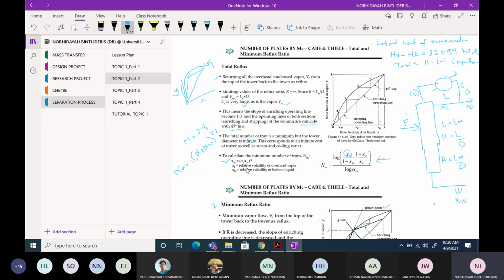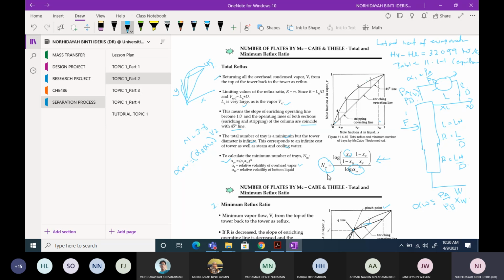This alpha 1 is the relative volatility of the overhead vapor. Here you need to know the partial pressure of A and partial pressure of B, and that gives alpha 1. Let's say alpha 1 is equal to PA over PB. At the bottom, for alpha W, you need to know the vapor pressure of A and the vapor pressure of B respectively. Only then can you calculate alpha average, and eventually calculate for NM.